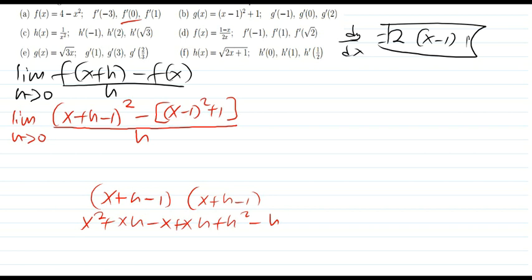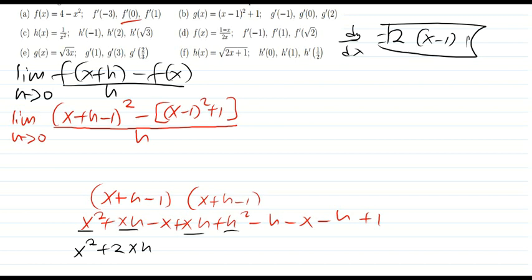I'm done with h. Let's go to negative 1. Negative 1 times x, I'll have negative x. Negative 1 times h, I'll have negative h. Negative 1 times negative 1, I'll have positive 1. Now the like terms together. This is just alone, but I have xh and xh here, so xh plus xh is going to give us 2xh.